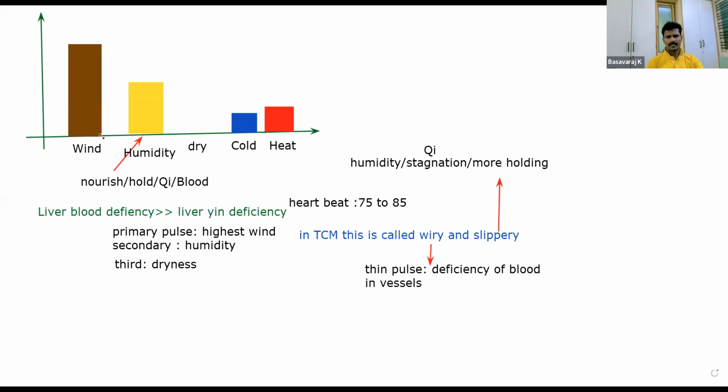Anybody got this pattern recently? Dry, humid. Indrajit, what did you feel for dry, humid?